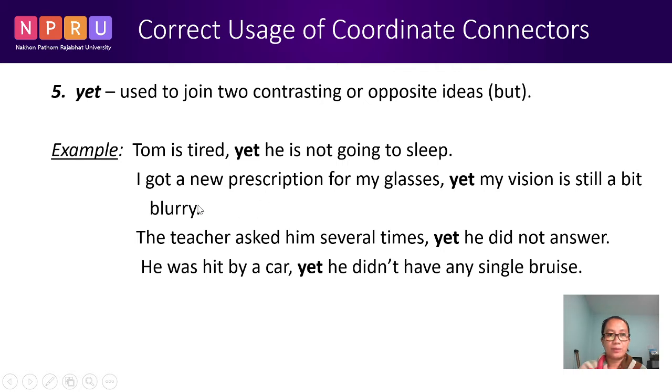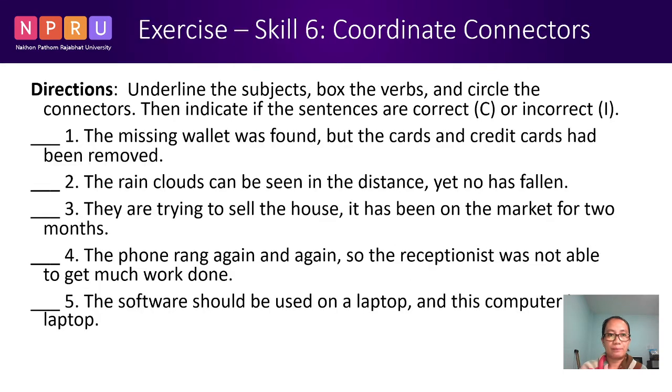Next example: I got a new prescription for my glasses, yet my vision is still a bit blurry. Next: the teacher asked him several times, yet he did not answer. Last example: he was hit by a car, yet he didn't have a single bruise. So remember, yet is used to join two contrasting or opposite ideas, similar to the use of the word but. That's how the coordinate connector yet is used.